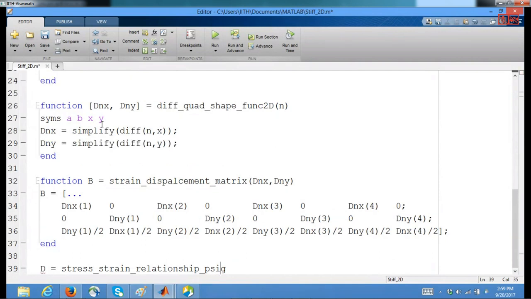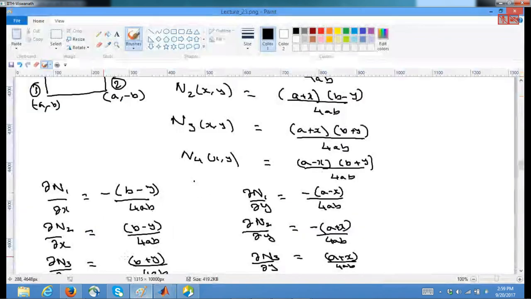Since we already showed it last time, the stress strain relationship which we have given last time was, let us have a look at it from the previous class.